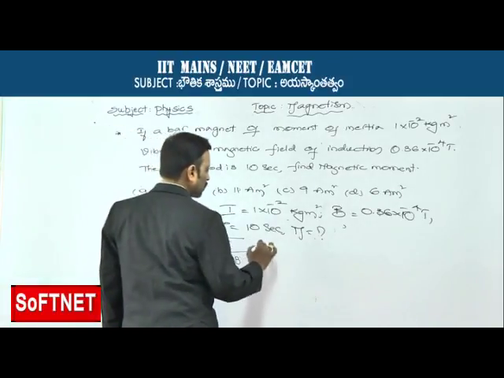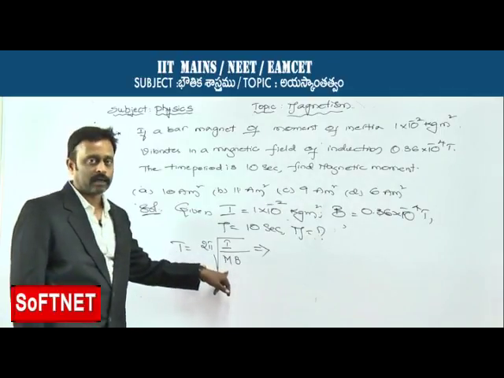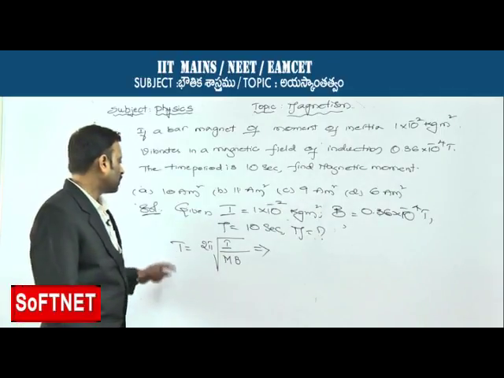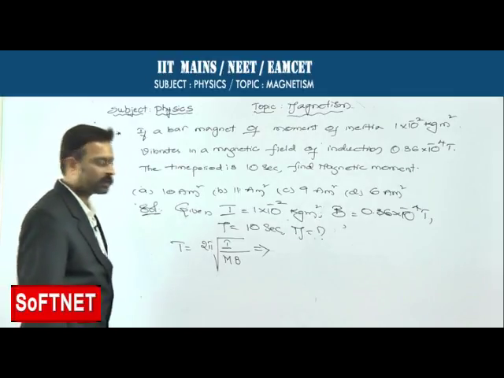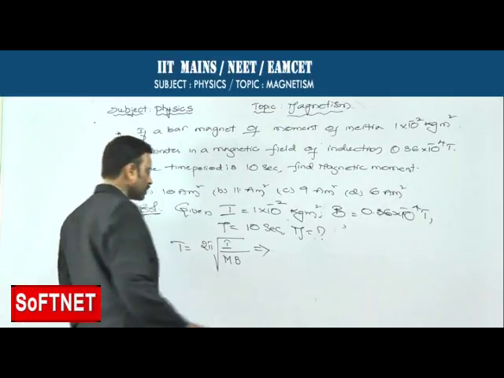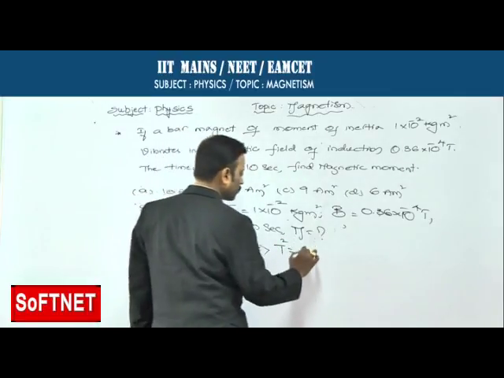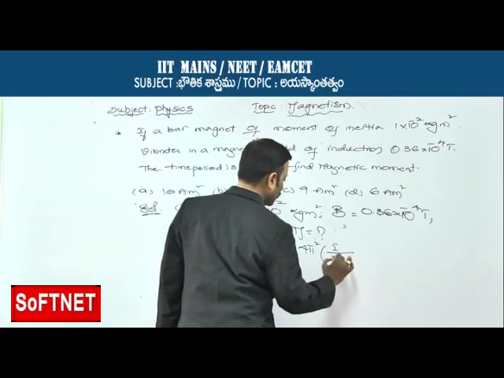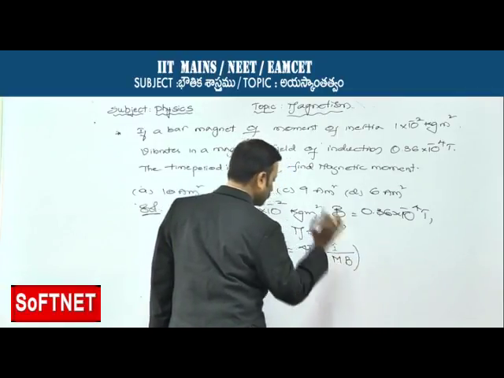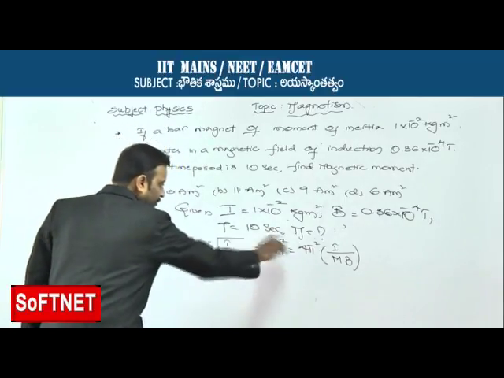What are you asked to calculate? You are asked to calculate the magnetic moment, capital M. So, according to my convenience, I am simplifying this equation by squaring on both sides. I get T square is equal to 4 pi square I by M into B. You are asked to calculate the magnetic moment, so take M outside.